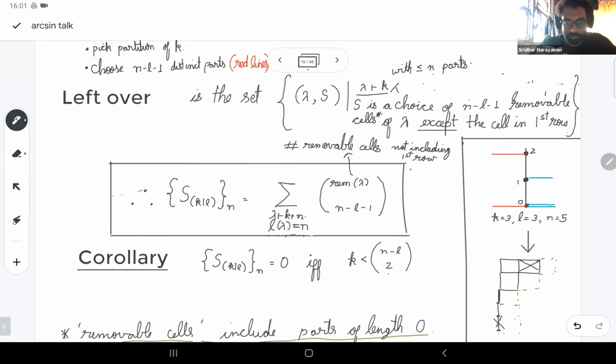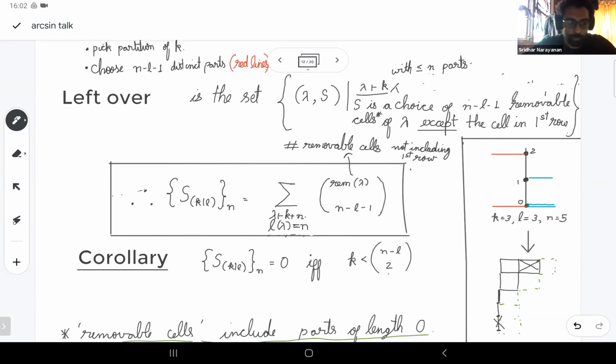So the smallest possible size of the partition is if these distinct parts are 0, 1, 2, 3, etc., up to n minus L minus 2, right? Because you have to choose n minus L minus 1 of them. If you start at 0, then the largest one will be n minus L minus 2. But the removable cells do not include the one in the first row.